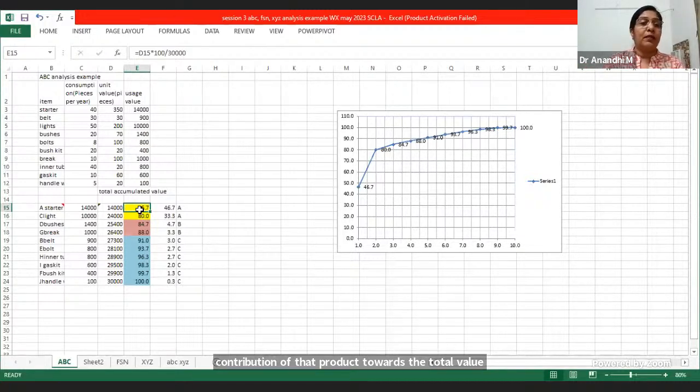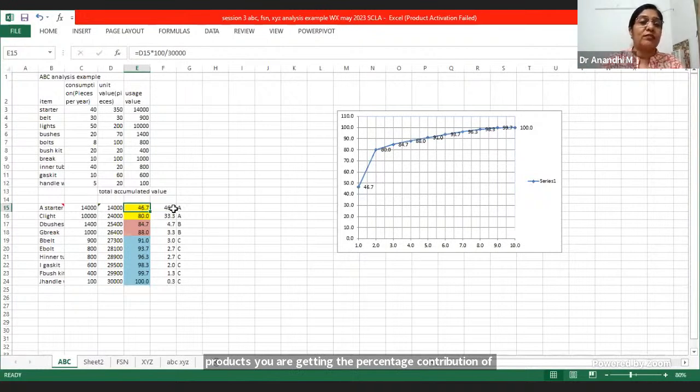Maybe take the starter: the usage value of starter is 14,000, multiplied by 100 because you need the percentage, divided by the total usage value of all the products. You get the percentage contribution of starter towards all the products.